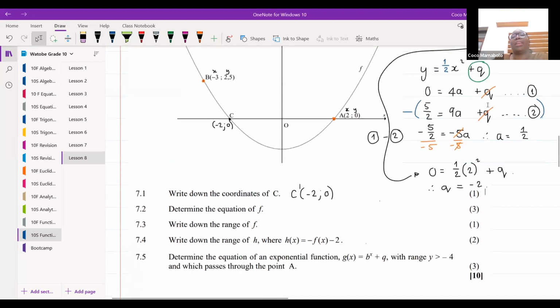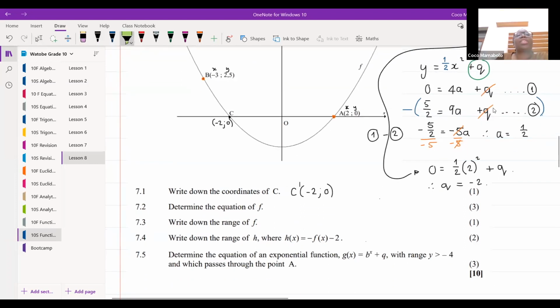Now, guys, we're not done, because the question says that they want the equation of f. So we've got to put everything together, guys. We're going to replace q with -2. Asi says, how did we get -2, ma'am? If you look at this over here, 2 squared is 4, and half of 4 is 2, and then we're going to take the 2 and move it over to the other side so we can have q on its own, so that becomes -2.